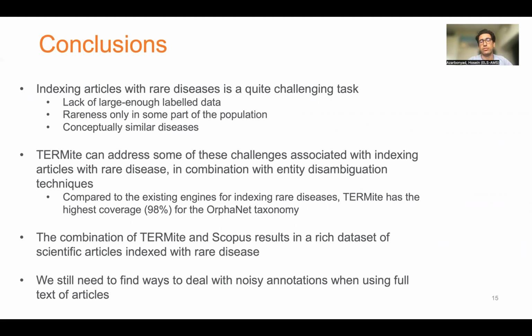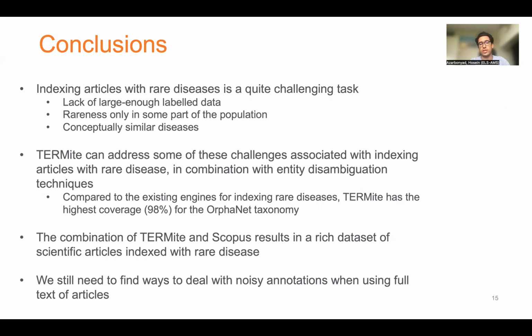We have tried to address some of these challenges, but most of them remain open. We used TERMite, which can address some of them, in combination with entity disambiguation techniques, and I showed how the combination of TERMite and Scopus can result in a rich data set of scientific articles on rare diseases, and what kind of insights it can provide for users.